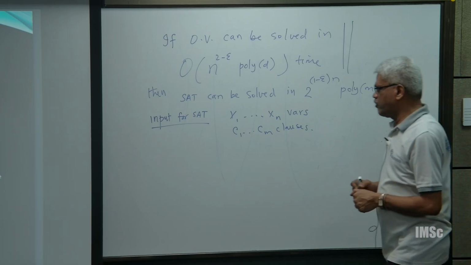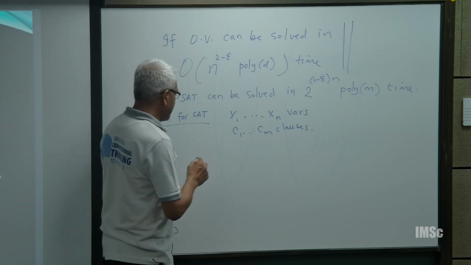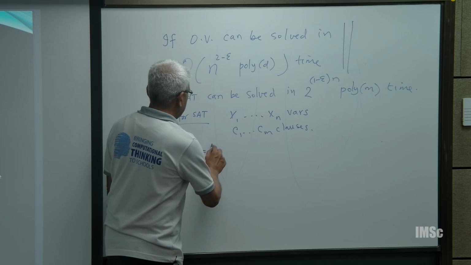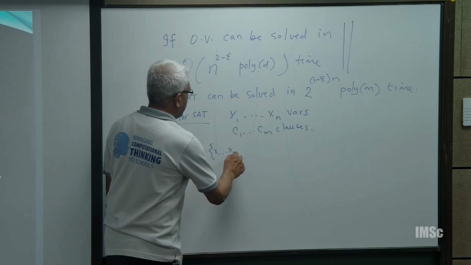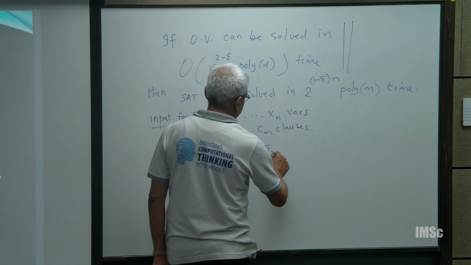So, how am I going to do it? I am going to split my variable set into two. Let us call them S1, which is x1 to x n by 2, assuming n is even.